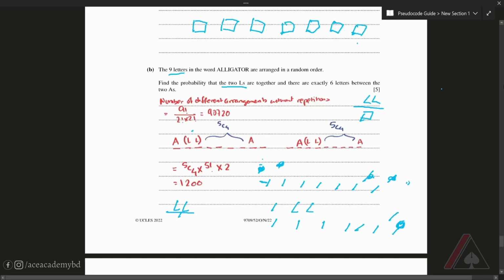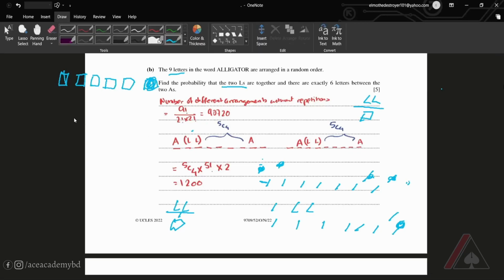So since we're considering the two L's as one box, the A's have 2 possible positions, and between them there can be 6 boxes, but since we're considering the L's as one singular unit or one box, we now have only 5 possible boxes.